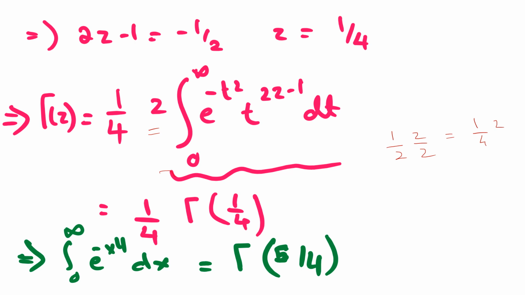Now what is z here? We have realized z is 1 by 4. So it is 1 by 4 gamma 1 by 4. We know gamma n is actually (n minus 1) factorial, so 1 plus 1 by 4 will be gamma 5 by 4. So we will get the answer of this integral, 0 to infinity e raised to minus x^4 dx, as gamma 5 by 4.